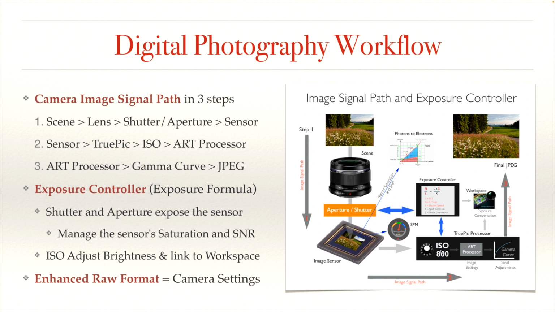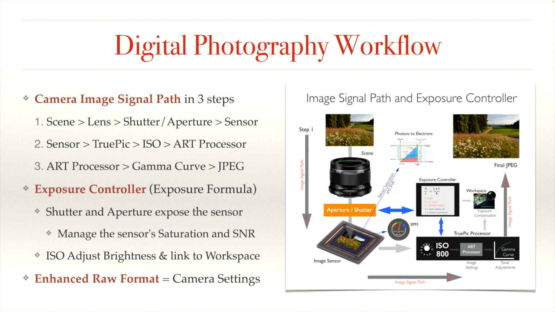If you're in a scene at night, then bring down the ISO to control the bulbs or the lights in the street, and you correct that in Workspace via the exposure compensation setting. So the exposure compensation setting and the ISO are basically the same thing, because my exposure controller information is shared via the enhanced raw format into Workspace.